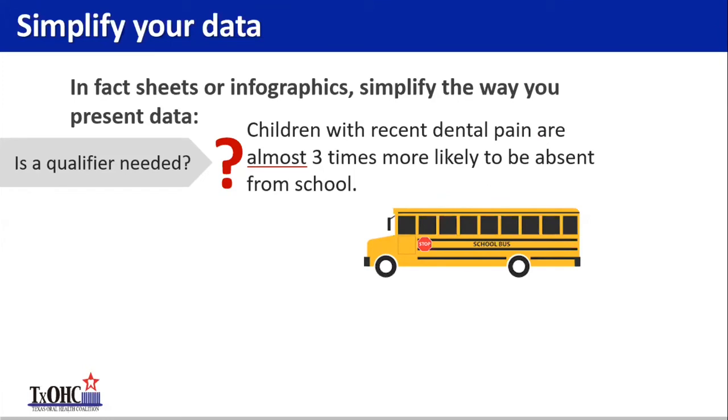It's probably going to be 3.12 or 3.08 or so, again, we can qualify ourselves to death in almost or nearly or approximately. I think for the purposes of a fact sheet, it is fair game to just use 3 times. So, consider that as well. We don't want to splice and slice every statement in utter detail.